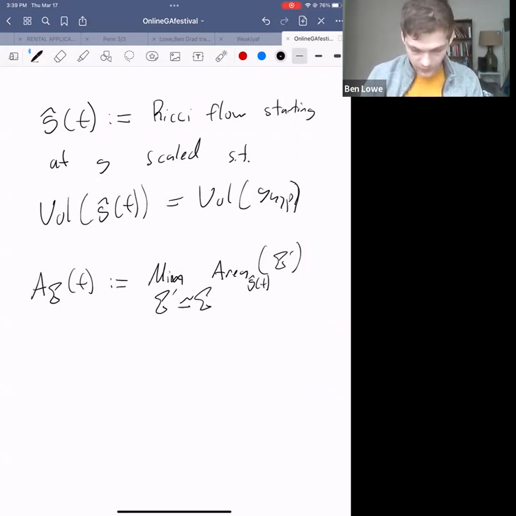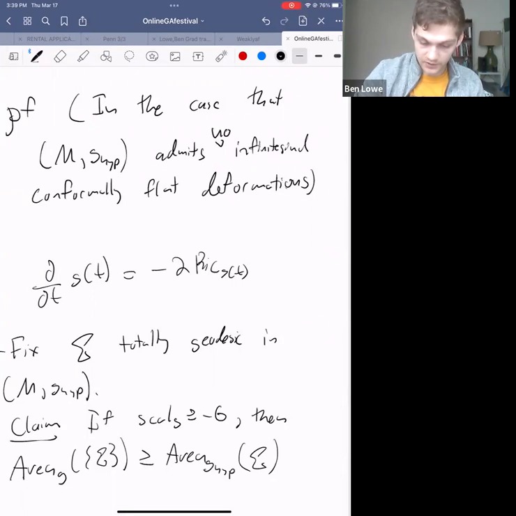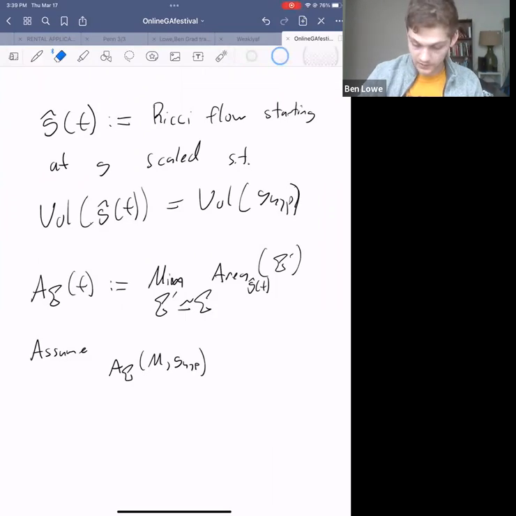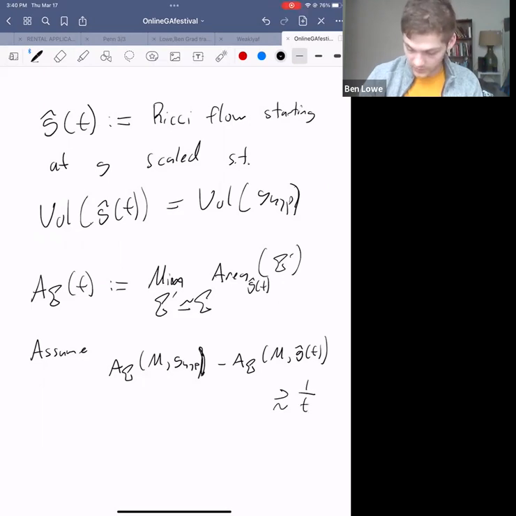If we assume for contradiction that our claim on the previous page is false, and that this inequality fails, and we run Ricci flow starting at g, then we actually have that the area in the hyperbolic metric, which is just a constant, minus the area in the metric g hat of t is at least 1 over t to the 1/4.